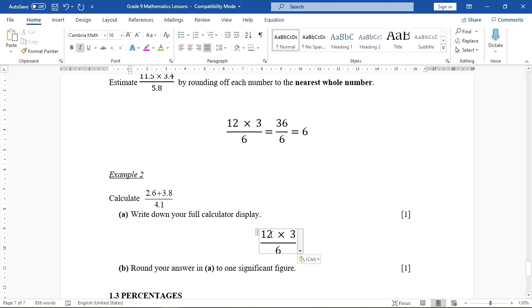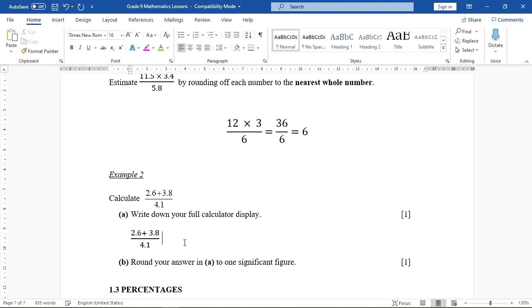So we have 2.6, and this is an addition sign, not multiplication, then 3.8, and this is divided by 4.1. If you do this on your calculator, you punch in everything as it is. I hope you have a Casio calculator that will allow you to punch everything in at once.